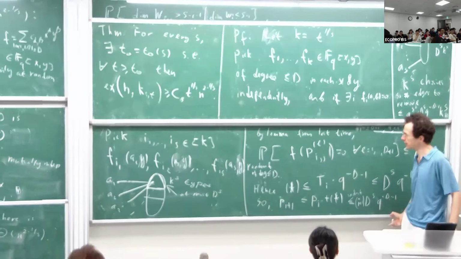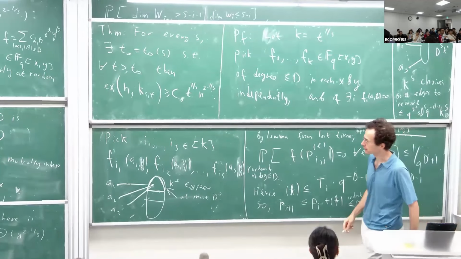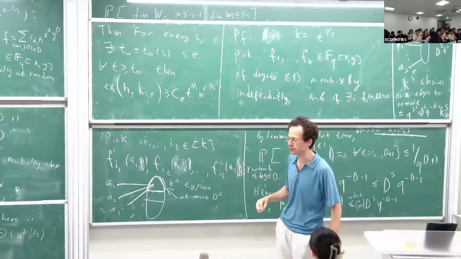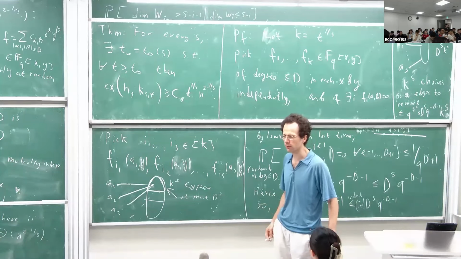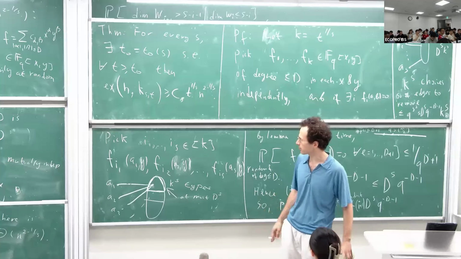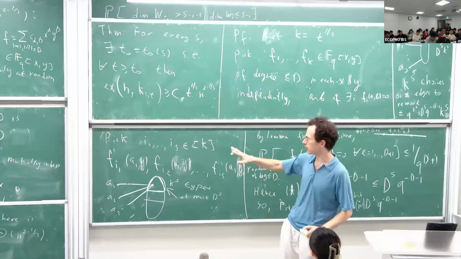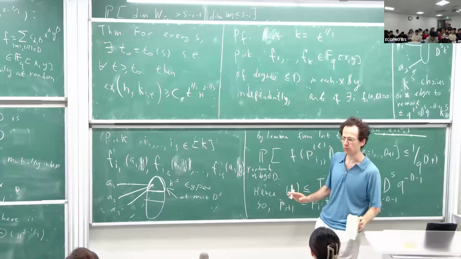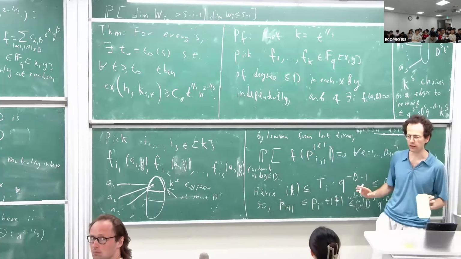So I can try saying a couple of words instead, just on the level of a sketch, about how one can improve this bound, how it can be improved by using more algebraic geometry. But again, it will be very hand-wavy.